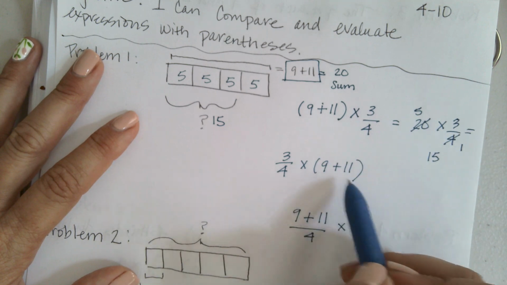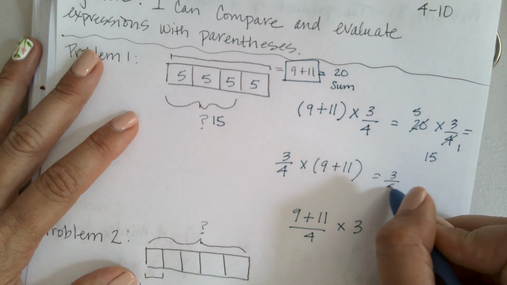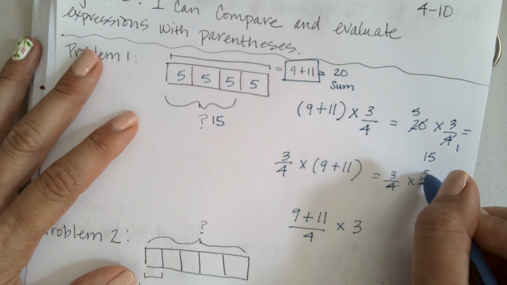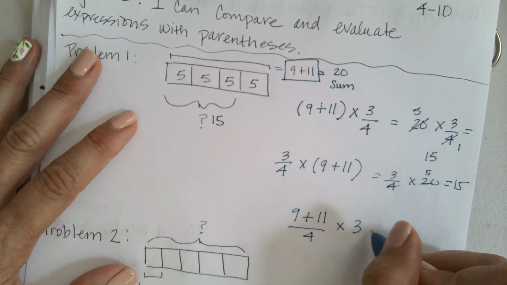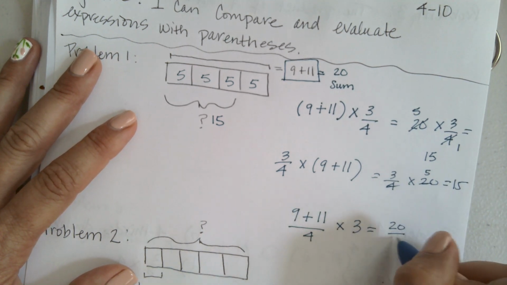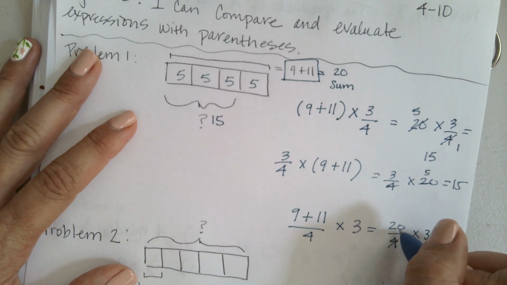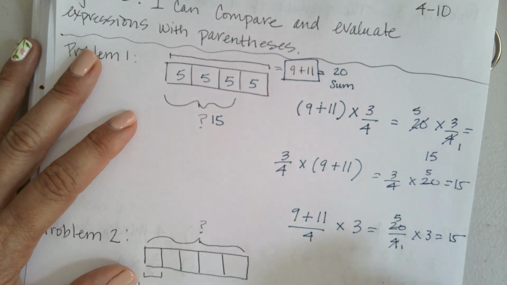The same exact thing you would do here would be 3/4 times 20. And you'd end up with the exact same answer. Then here, you would end up with 20 over 4 times 3. 4 goes into 4 once, 4 goes into 20 5 times. 5 times 3 is 15.